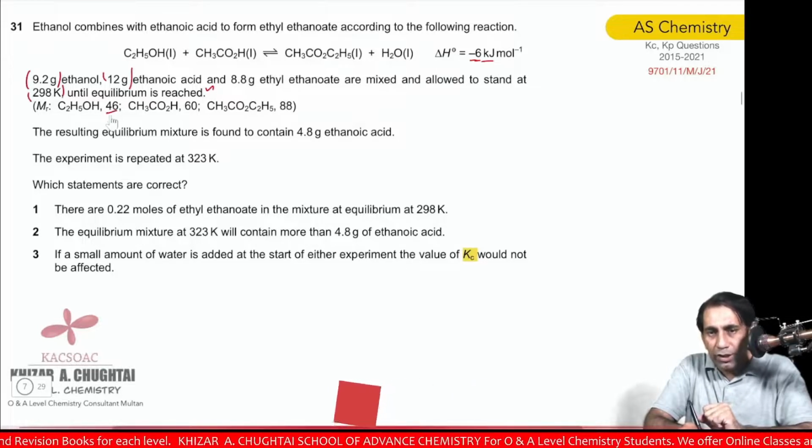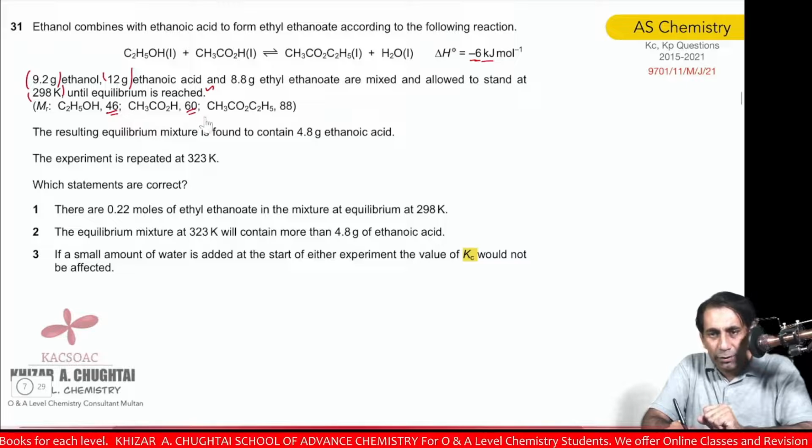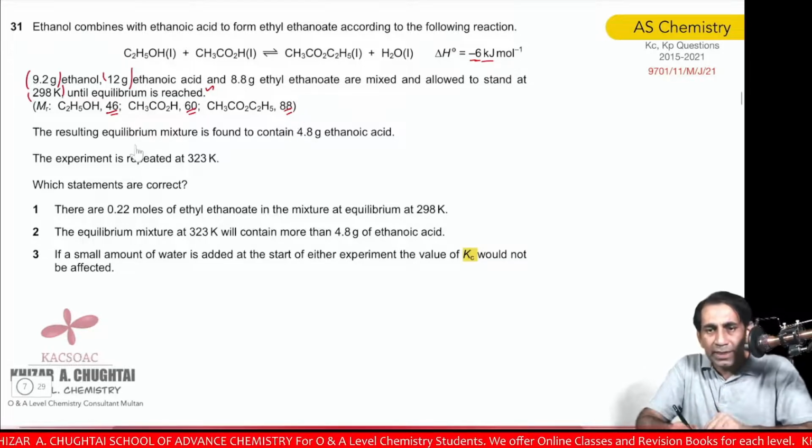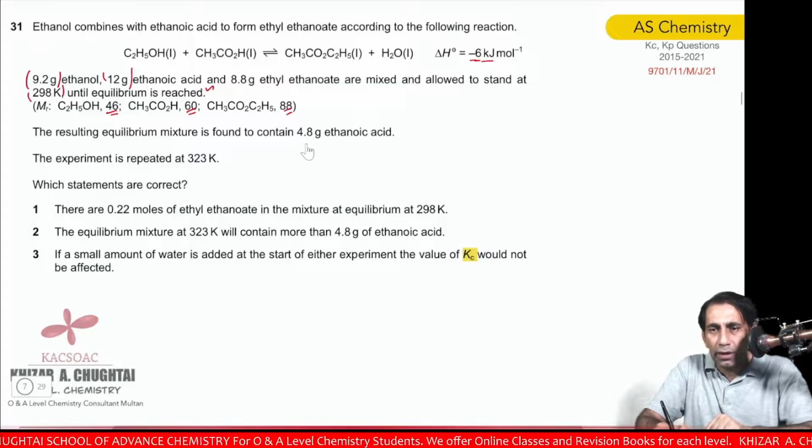MR of ethanol is equal to 46, ethanoic acid is equal to 60, and ethyl ethanoate is 88. The resulting equilibrium mixture is found to contain 4.8 gram of ethanoic acid.